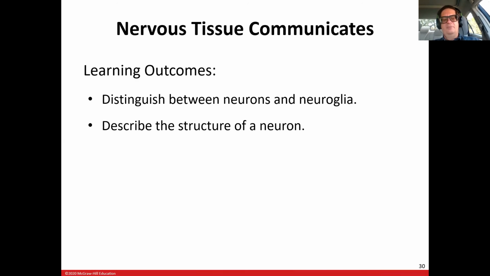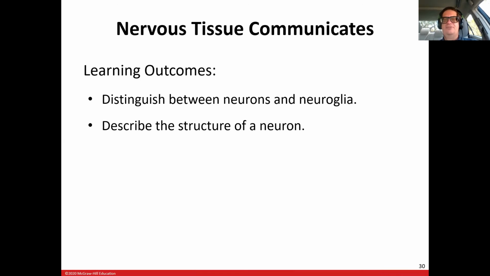In the old days, people used to talk about it as, oh, neurons are like the copper in a wire. It's like the copper metal that sends the signal. And neuroglia, oh, well, they're like the insulation. Yeah, that's true, but it's an oversimplification because neuroglia have lots of jobs.